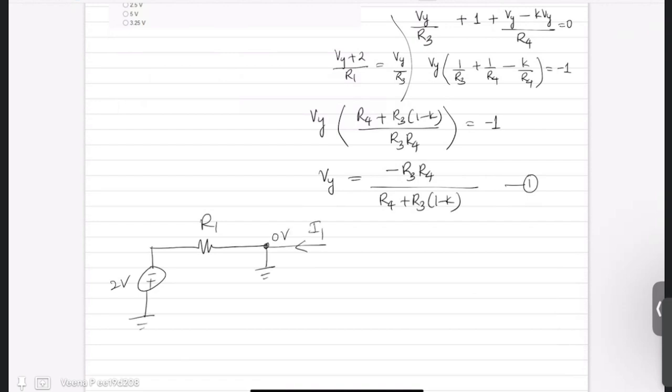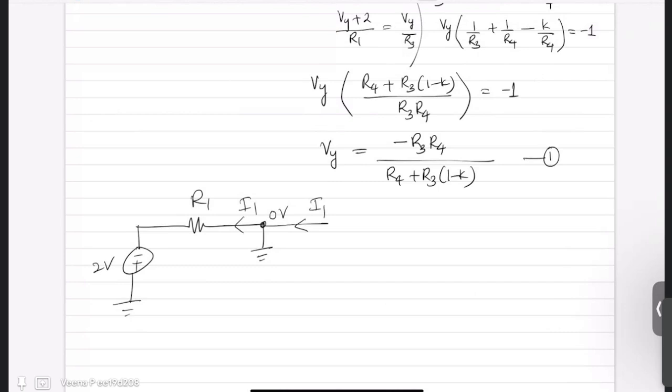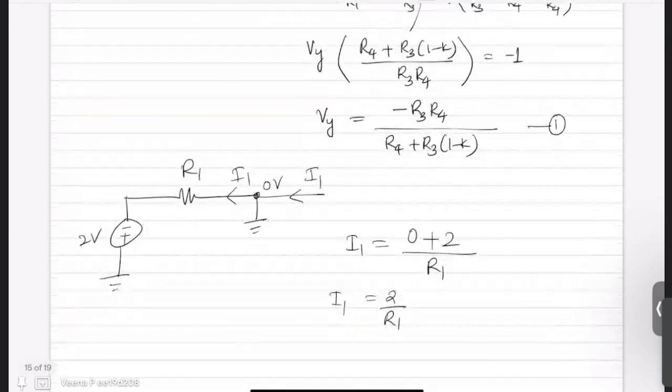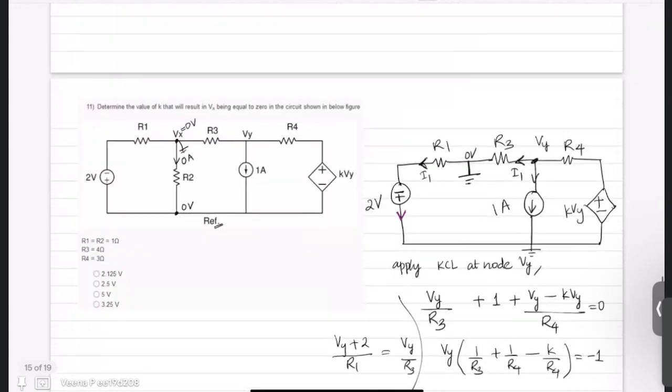Now this current is I1, this is same I1. That means your I1 is nothing but 0 minus 2, which is plus 2 by R1, which is 2 by R1. So your I1 is 2 by R1, which is nothing but Vy by R3.